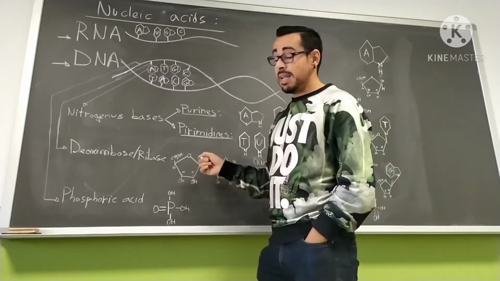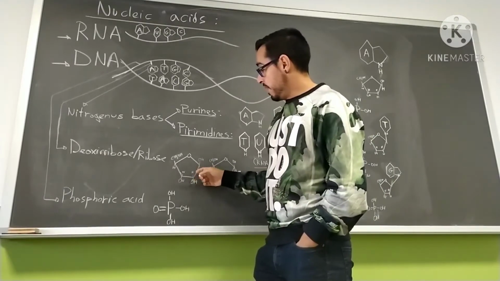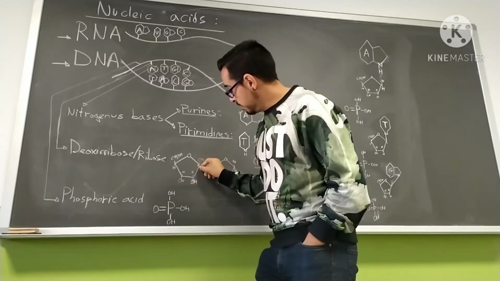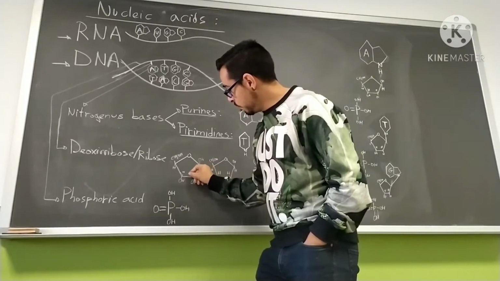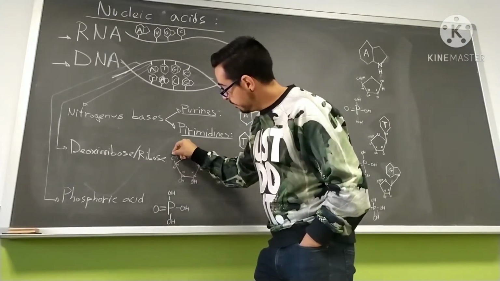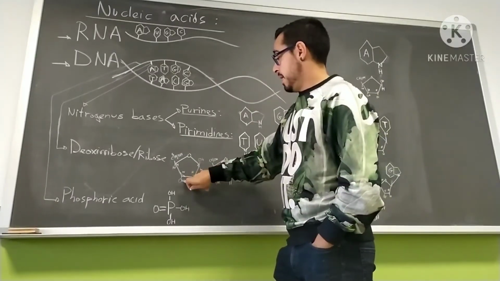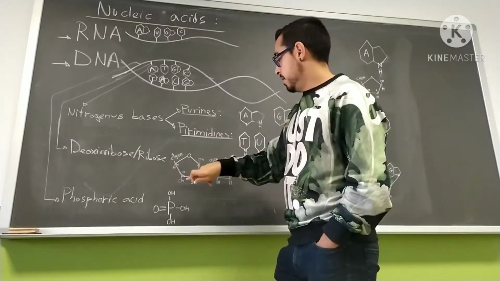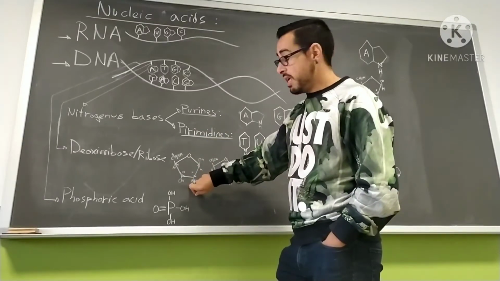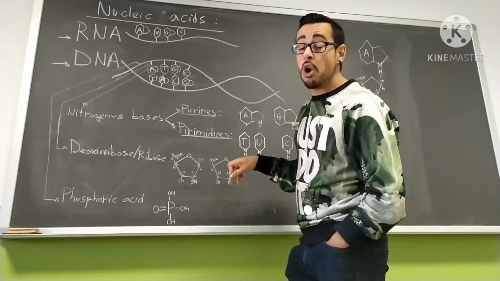It's a monosaccharide made of 5 atoms of carbon. This is the first one, second one, third one, the fourth one, and here is the 5th one. This is the ribose, and this one is the deoxyribose.